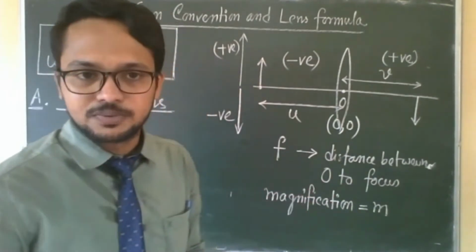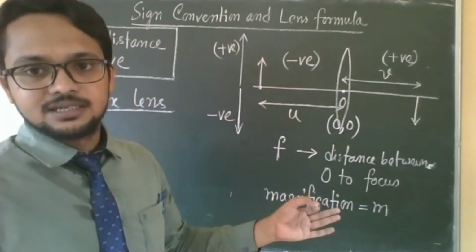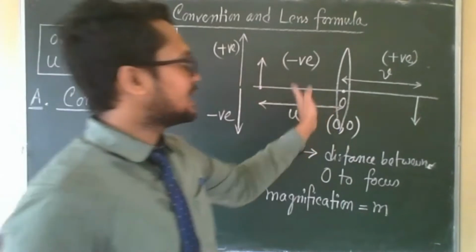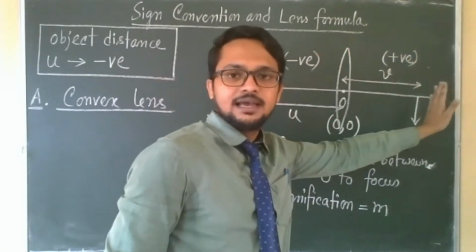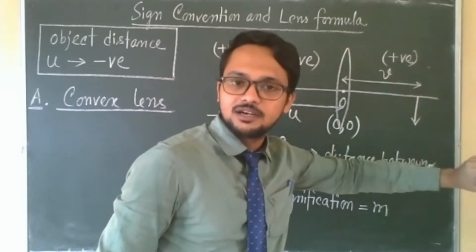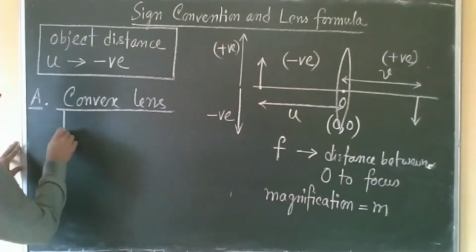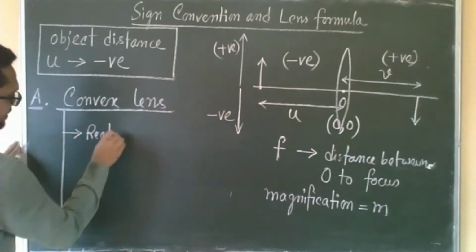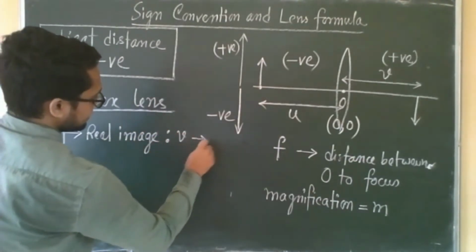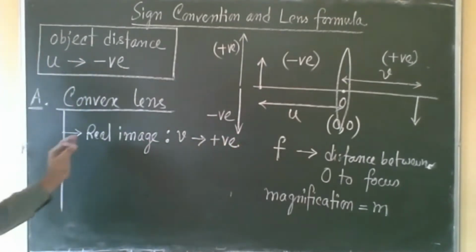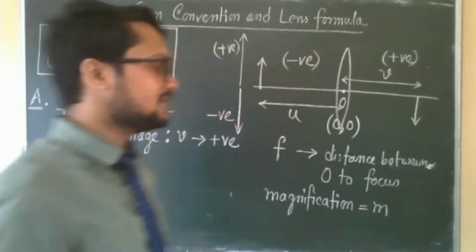Real image is always formed on the other side of the lens, that means to the right side of the lens, and right side means positive. So for a convex lens, for a real image, v will be positive, because a real image forms on the other side of the lens, to the right side of the optical center.